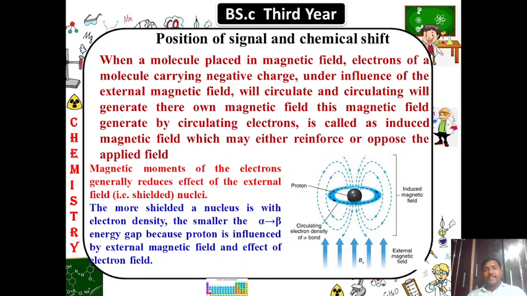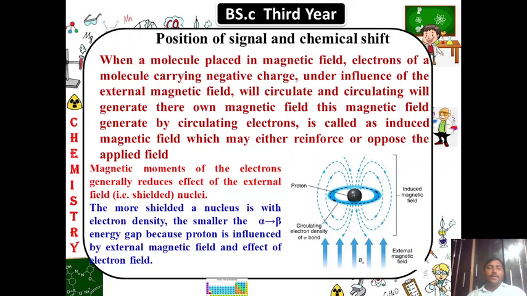When a molecule is placed in a magnetic field, the electrons of the molecule, carrying negative charge, circulate under the influence of the external magnetic field, and this circulation generates their own magnetic field. This is called the induced magnetic field, which may either reinforce or oppose the applied field.